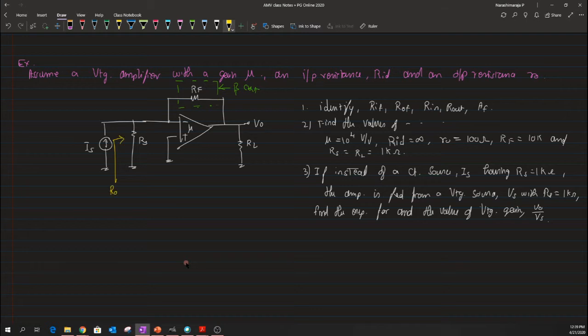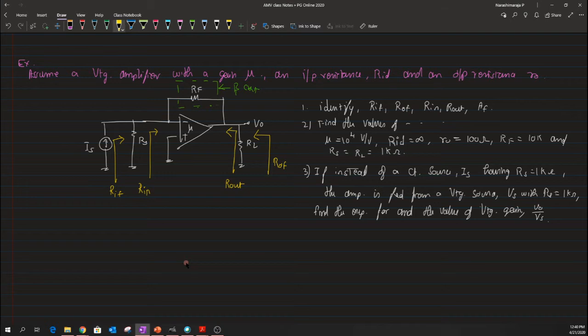Whatever impedance I'm measuring towards the left of RS would be taken as RIF, but if I skip this RS and measure, it becomes RN, which excludes the source resistance. Similarly, one could write this impedance as ROF, and if I exclude the load resistance, it becomes R out. Okay. So these are the impedances calculated with respect to the feedback amplifier.